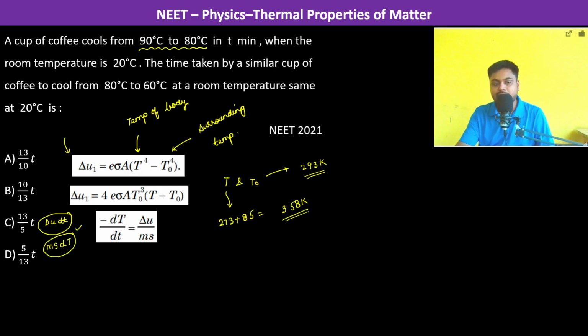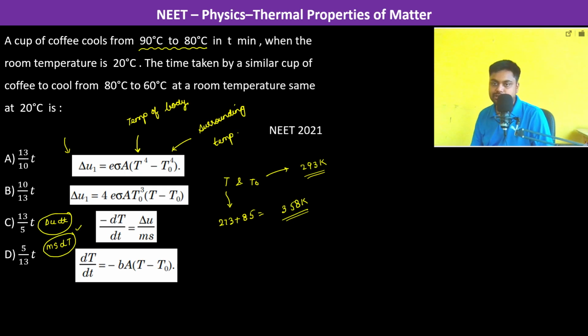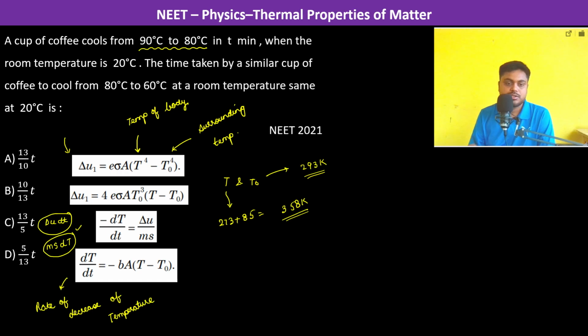Okay, so now combining all of that, this is the equation which we get. So dT by dt, that is the rate of decrease of temperature, is equal to minus B into A into T minus T naught.